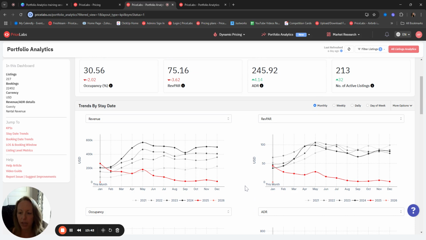So that being said, keeping that in mind, when I'm looking at these different lines and the key tells you the different years, right? The red line, the current year, is going to be trending down, especially since we're looking at this in January, right? So not a lot of people have yet booked for these future months.